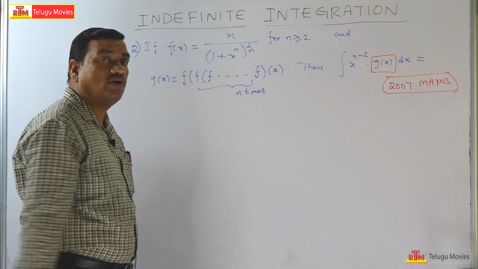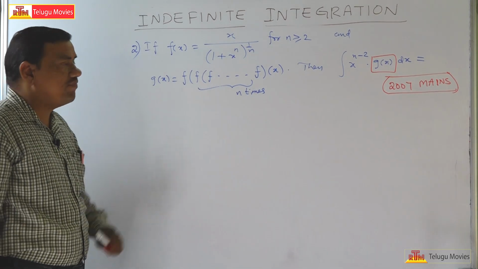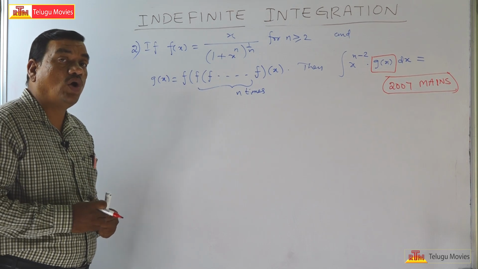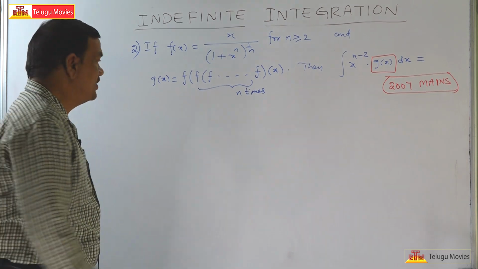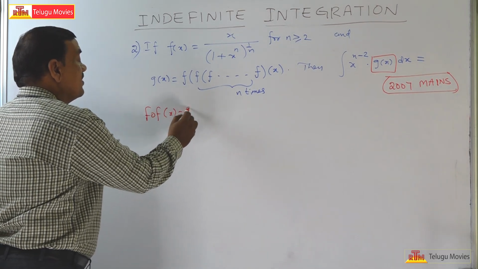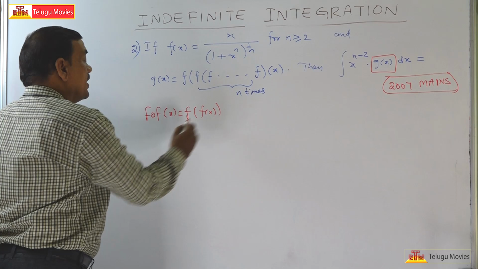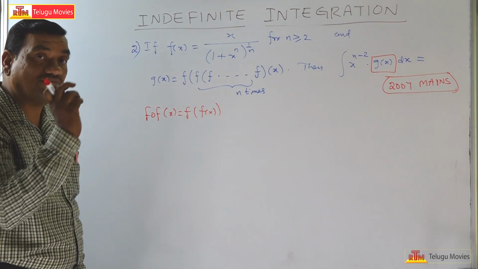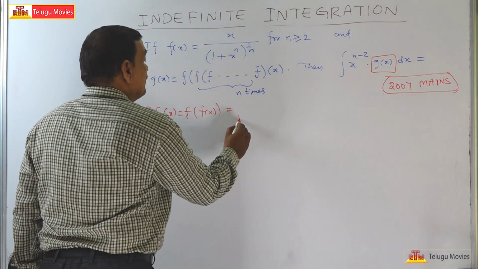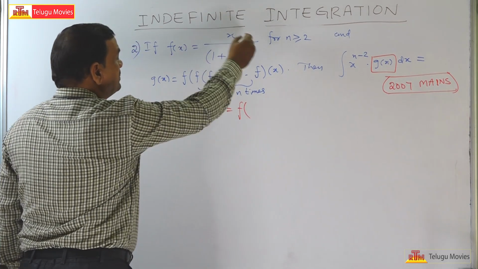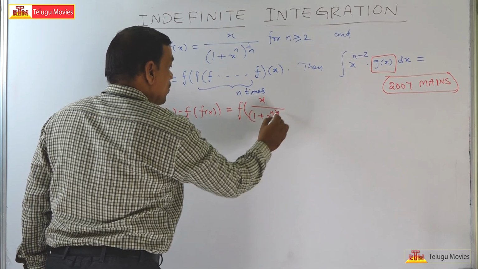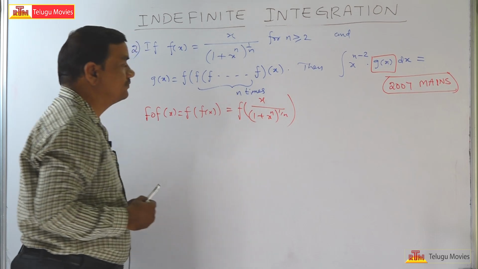So first we will find g of x. What is g of x? It is f composed n times. First I will find f circle f of x. Let us check what happens when two f's are there. f of x means x by (1 plus x power n) whole power 1 by n.